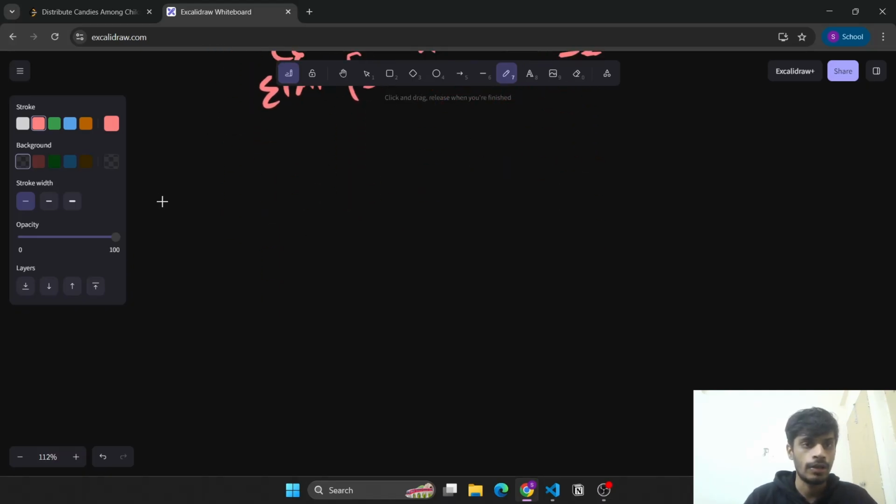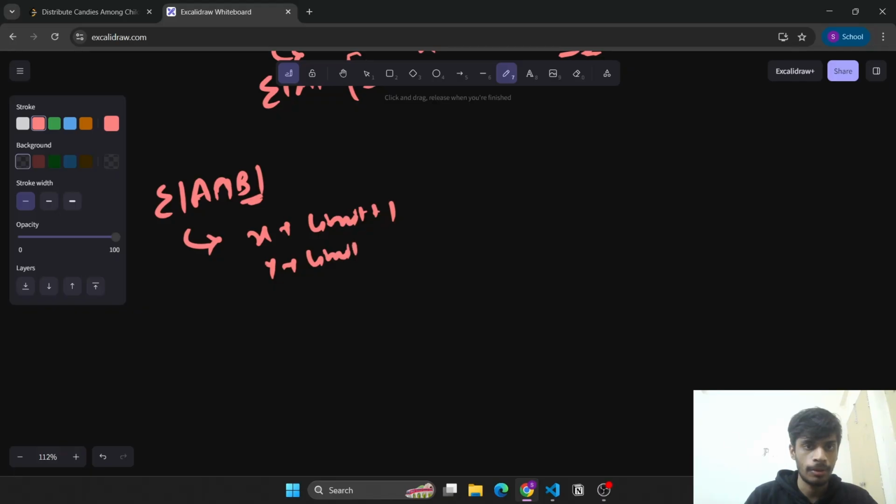Now let's try to find out summation A intersection B. This means that two children have violated the condition. So let's give the first child limit plus 1 candies, the second child also limit plus 1 candies. So remaining would be n minus 2 into (limit plus 1).